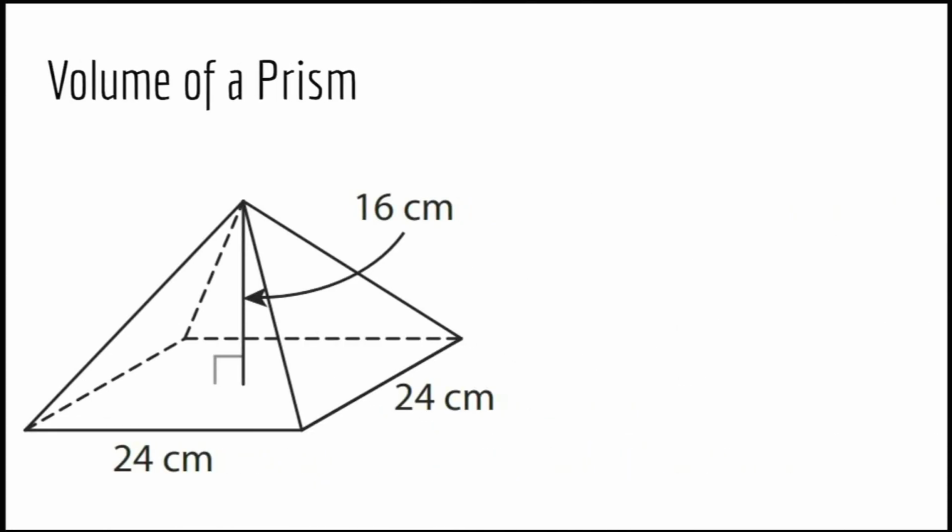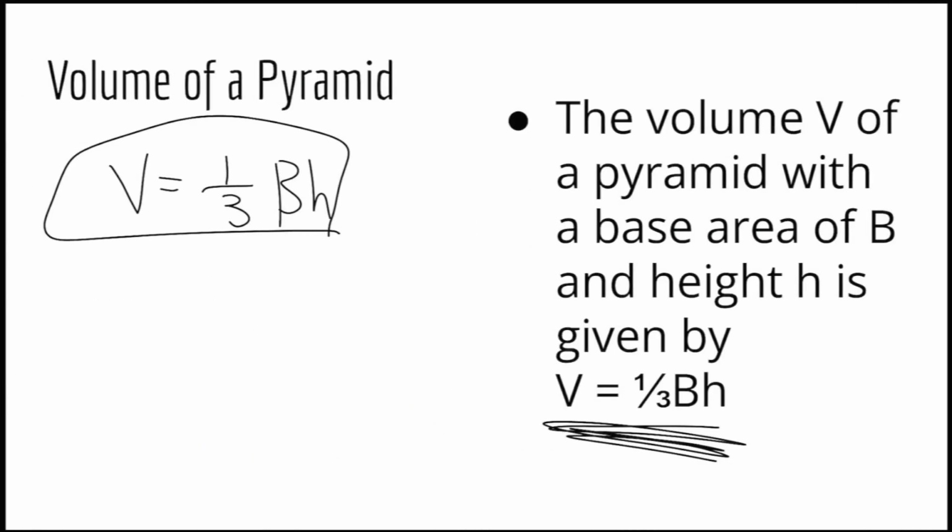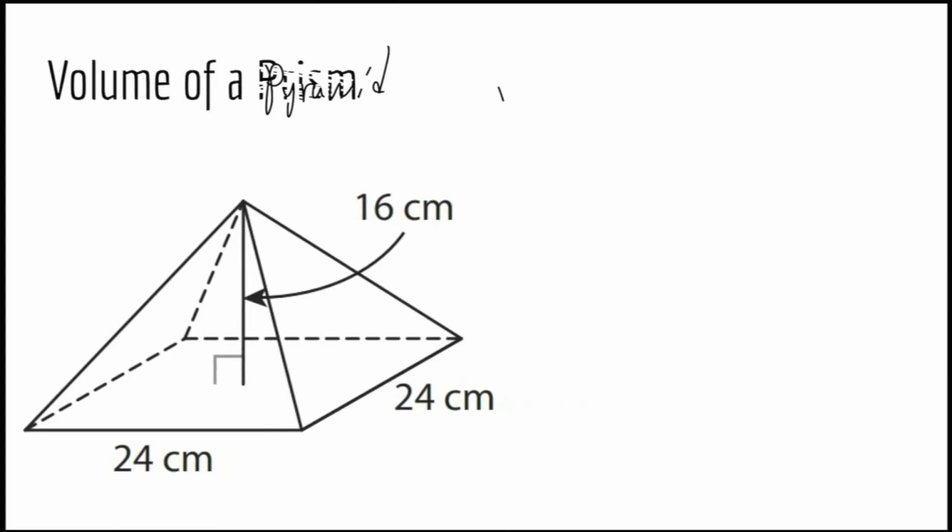All right. So here we have our first pyramid. We're going to be using the formula we just went over, which is the volume is equal to 1/3 area of the base times the height.